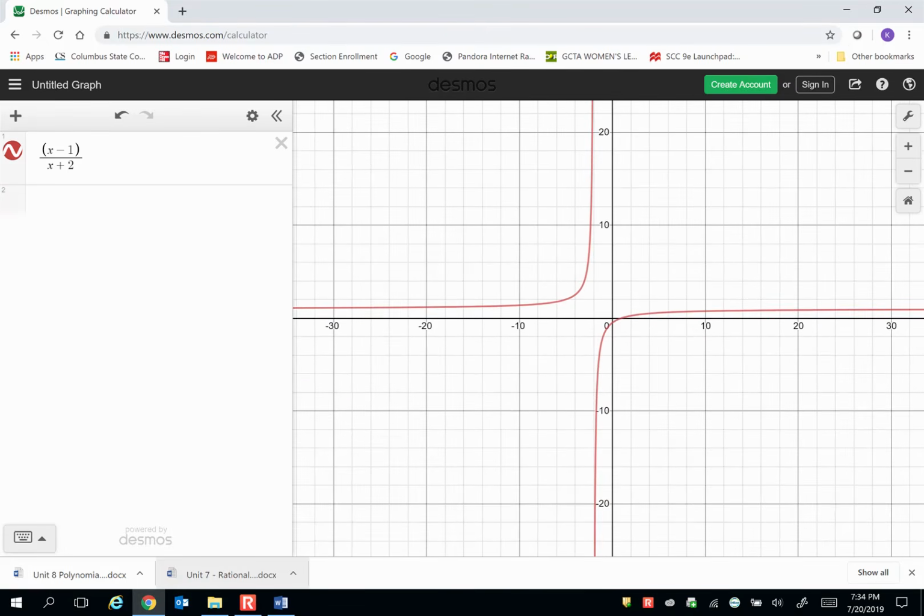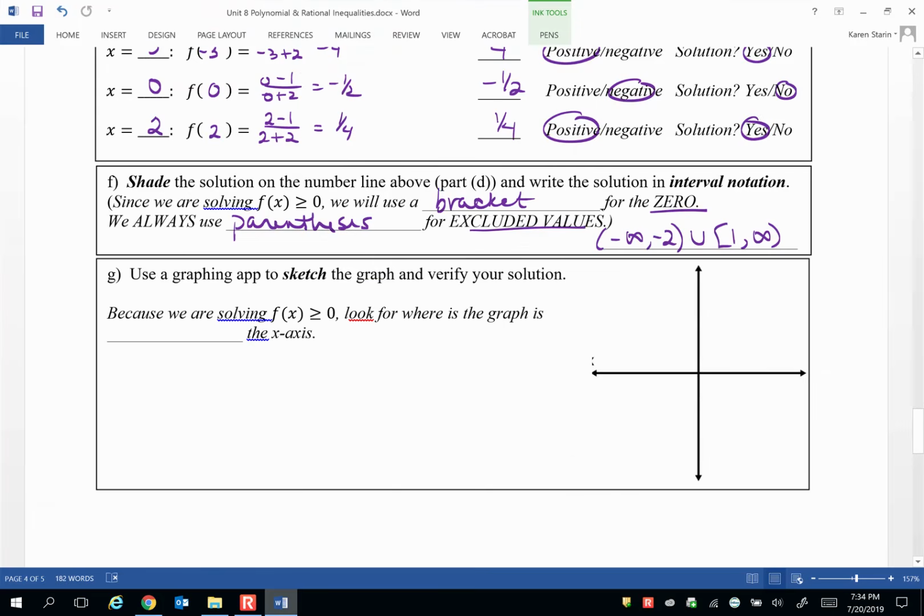So I'm just going to get that in my head and go back to our paper and sketch that quickly. We had a vertical asymptote about here, and a horizontal asymptote about here, and then we had this branch going something like this. It wasn't going through the origin, and this branch going something like this, and we only want where we're positive.